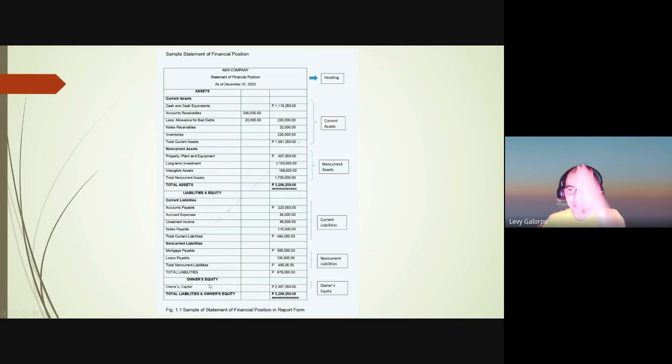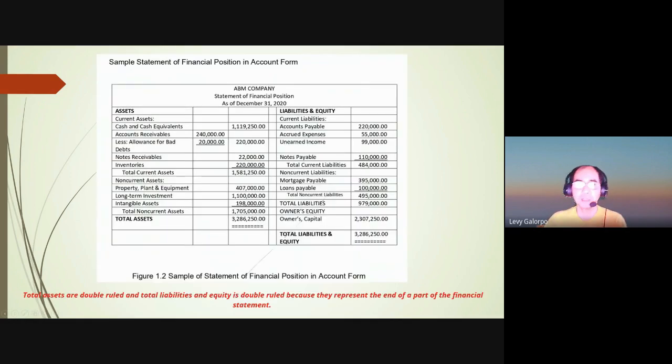No? Vertical siya. Pagdating sa account form, yung assets ay nasa left side of the financial statement and then yung liabilities and equity ay nasa right side ng financial statement.